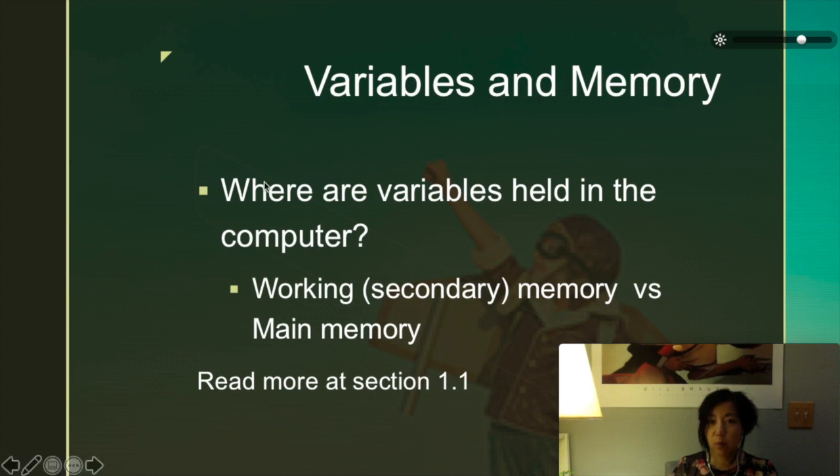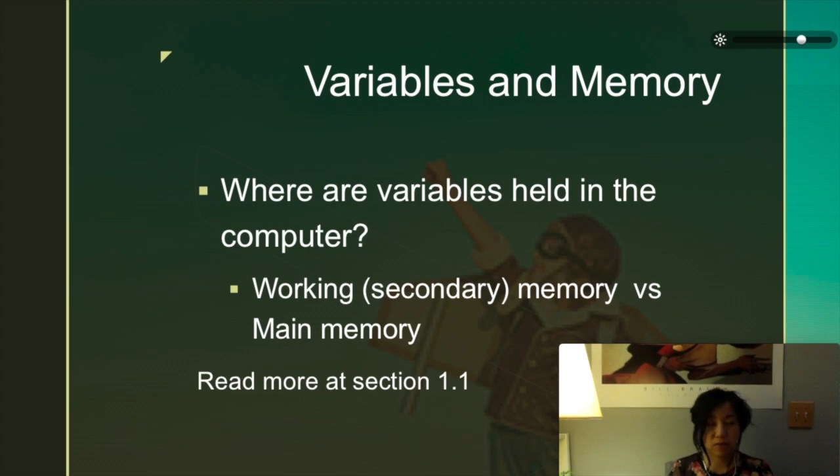So what is the relationship of memory and variables? When you do any sort of calculation or use variables for any operations, the variables will be held in memory so that they can be used in the calculation. It's just like when we are doing math in our head.